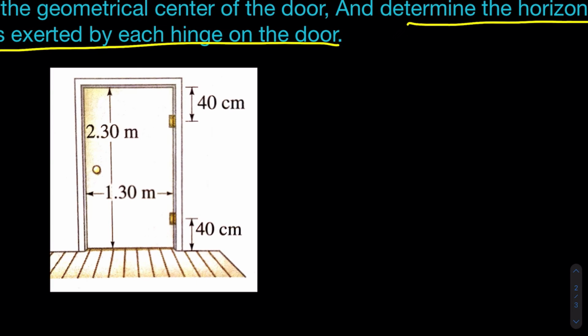As you see, there are two hinges, positioned symmetrically on the door: one is 0.4 meters below the top of the door and the other is 0.4 meters above the bottom of the door.